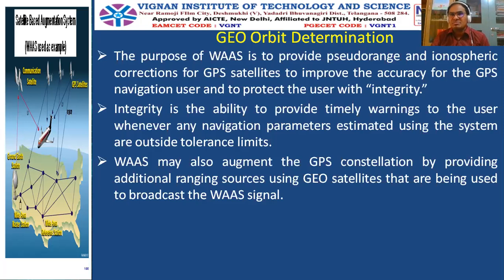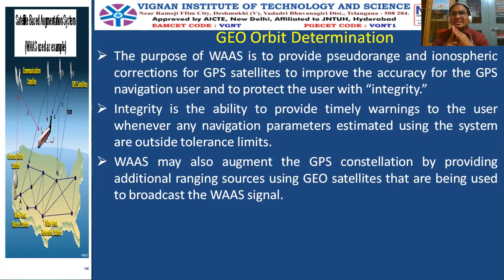So please make a note of this point. What do you mean by integrity? The integrity is the ability to provide timely warnings to the user whenever any navigation parameters estimated using the system are outside the tolerance limits. See, there is ionospheric delay error, there is a clock error, there is an ephemeris error.